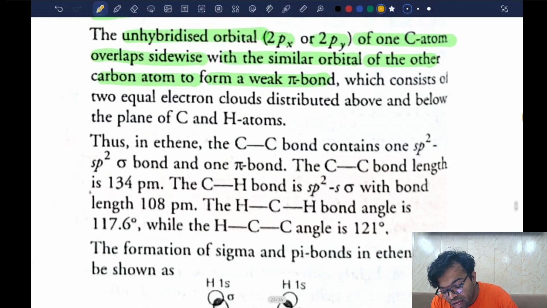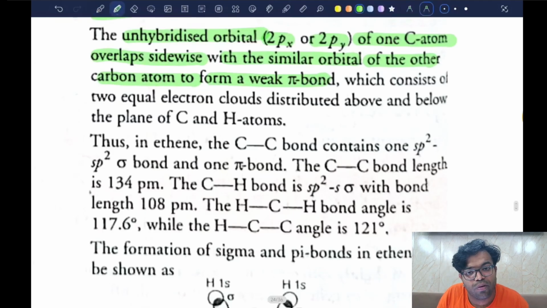Okay, now this is where everything becomes more and more interesting. Now, in the case of sp, what did you do? You took one of the s orbitals and one of the p orbitals to form the hybrid orbital, and the rest of the two orbitals were being used to form the triple bond.